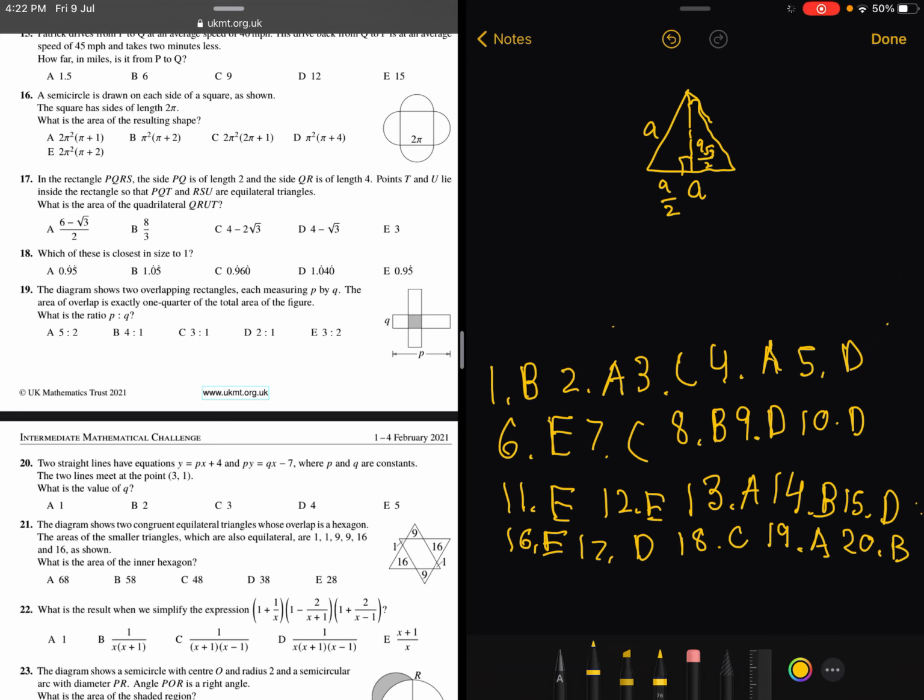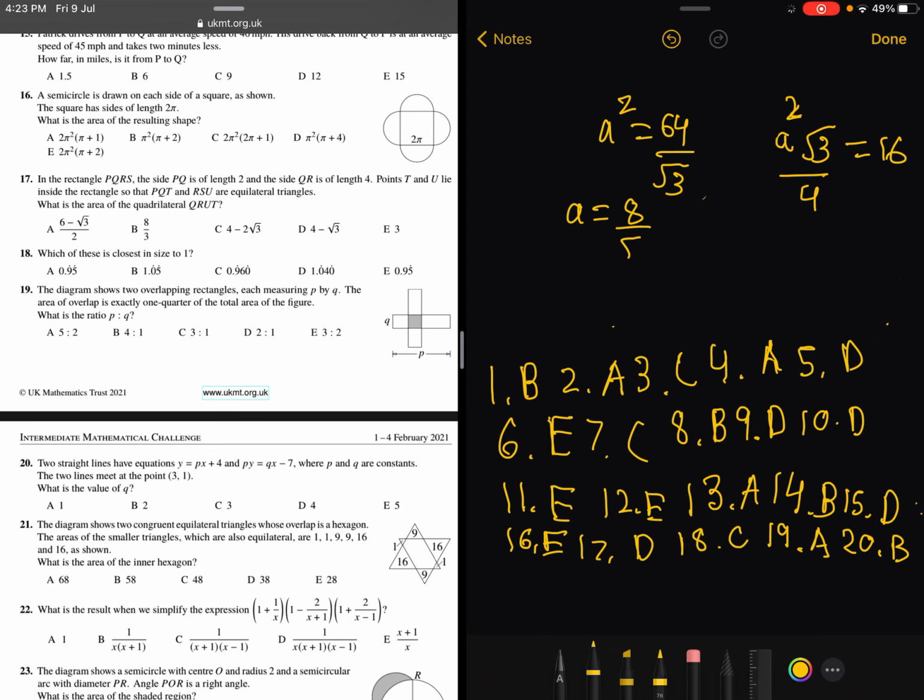And we also know that base into height over 2 is the area of a triangle, and we have the height, so A into A root 3 over 2 is the area. So A squared root 3 over 4 is the area of an equilateral triangle. So from this we get A squared root 3 over 4 is equal to 16. A squared is equal to 64 over root 3, and A is equal to 8 over root of root 3.